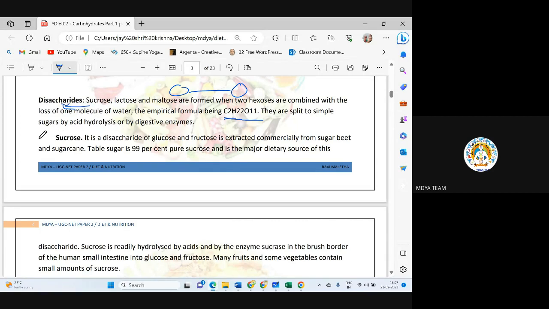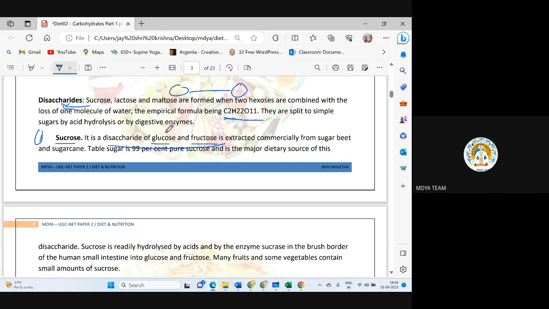So the first disaccharide is very important. This is sucrose. Sucrose is none other than our table sugar. That table sugar, that white sugar we are using, is sucrose. So sucrose is a disaccharide of glucose and fructose. When sucrose gets digested in our body, it produces one molecule of glucose and one molecule of fructose.